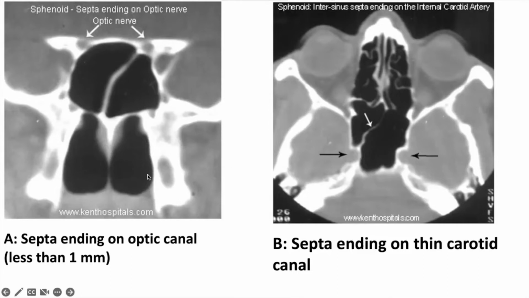Here, the sphenoid septa are getting attached onto the optic nerve, and in this diagram, the septa is getting attached onto the carotid canal. So if you try to avulse the septa, then there may be injury to the optic nerve, or carotid injury can occur.